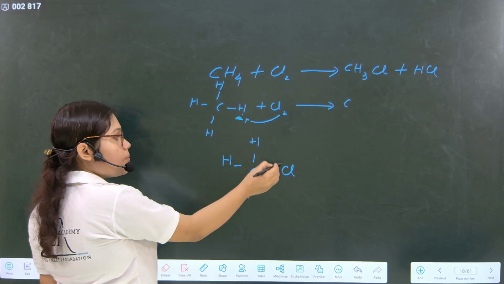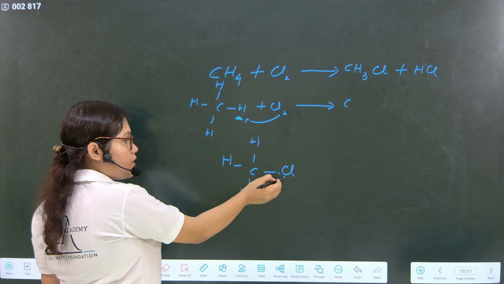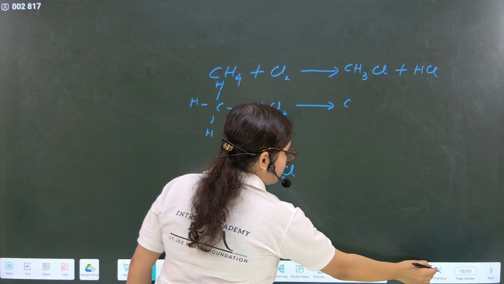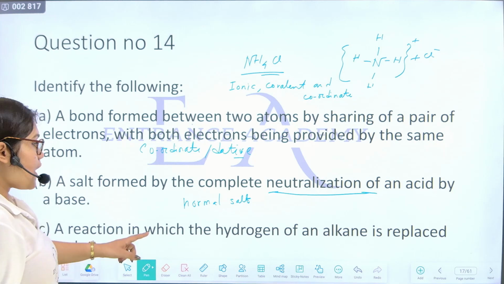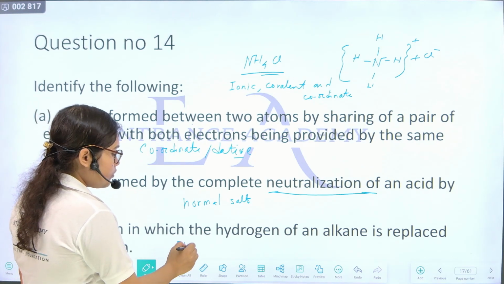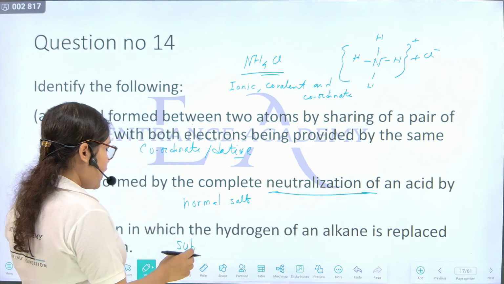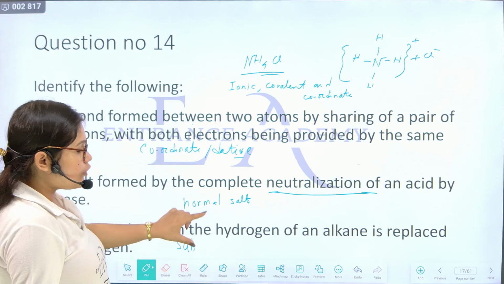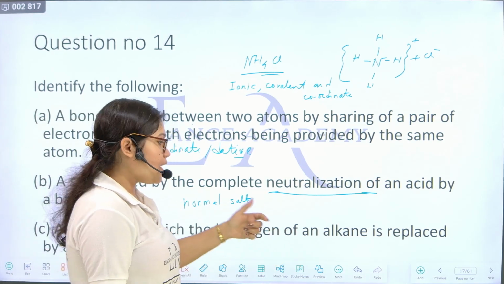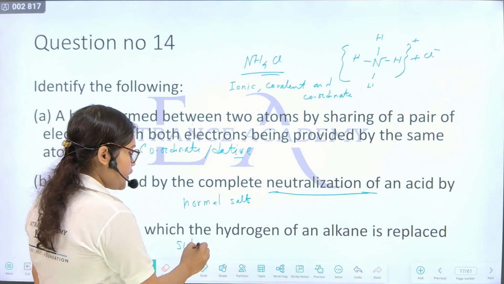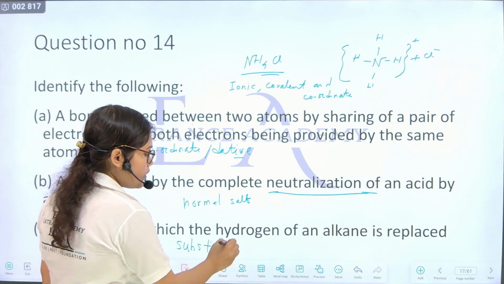Hydrogen is replaced by chlorine. So this is a substitution reaction. Alkanes undergo substitution reactions, where the hydrogen of an alkane is replaced by a halogen. The answer is substitution reaction.